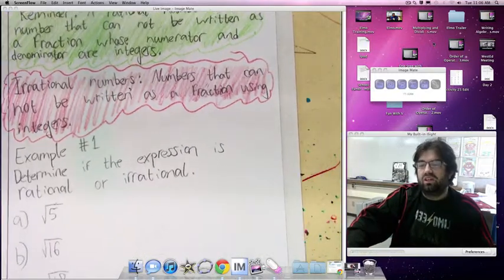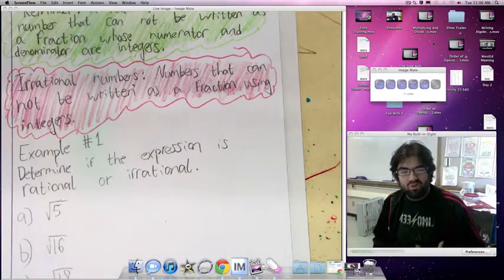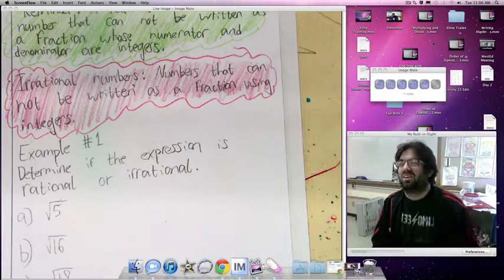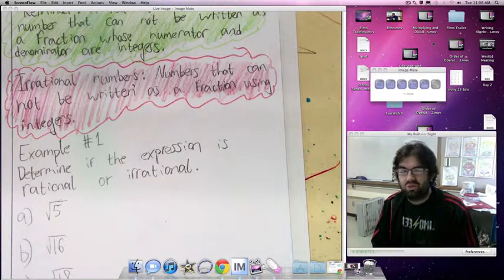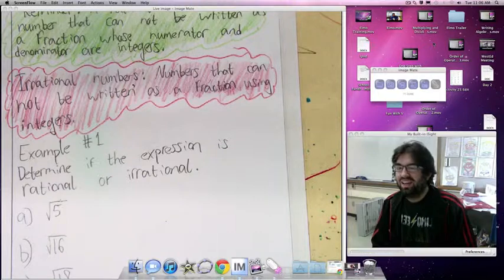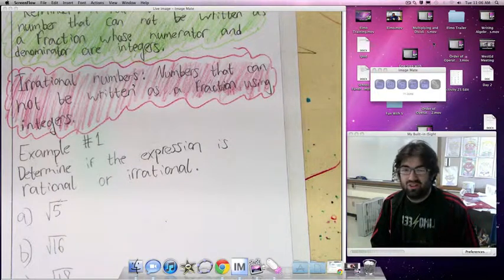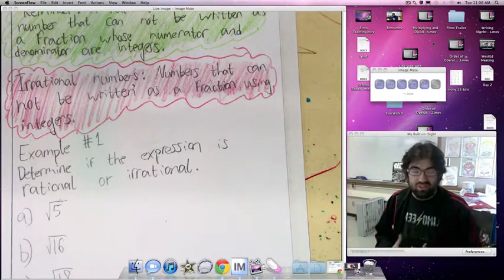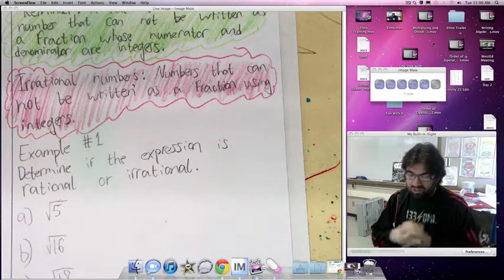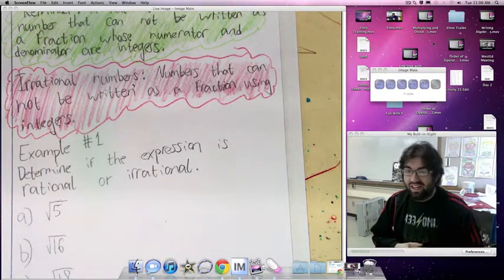Because of us learning about the square roots, this is something that we've got to know. A square root, if it happens a certain way, turns into an irrational number because it can't be turned into a fraction. There is no pretty way of looking at it.